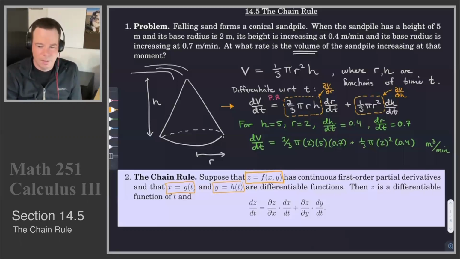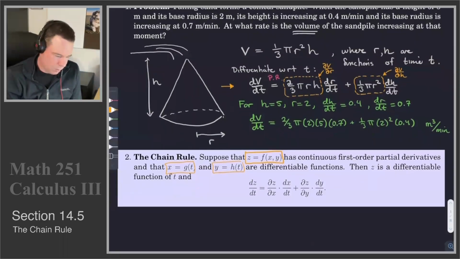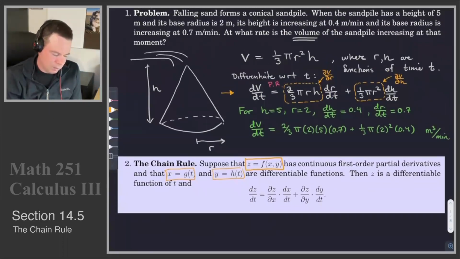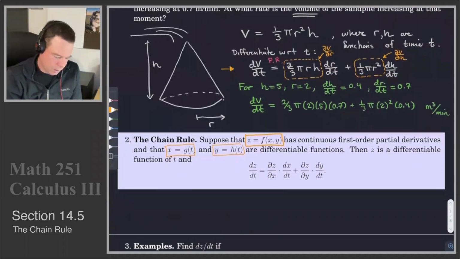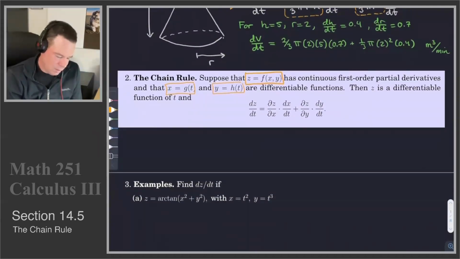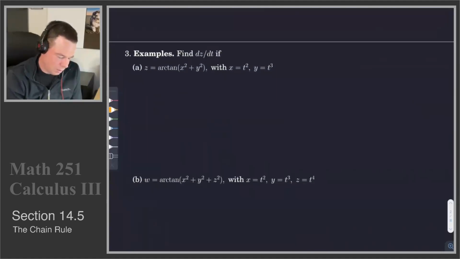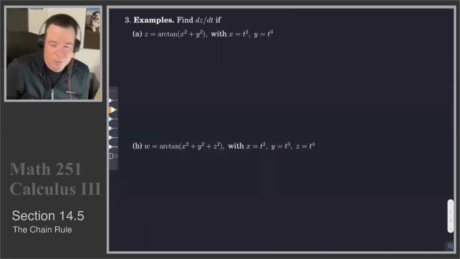And then I add to that the partial derivative times the derivative of y with respect to t. So that's our chain rule. And it was, in some sense, motivated by the related rates problems above. But the chain rule is our technique for dealing with derivatives of compositions in multiple dimensions.